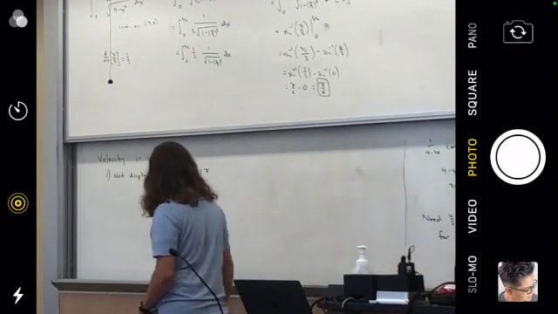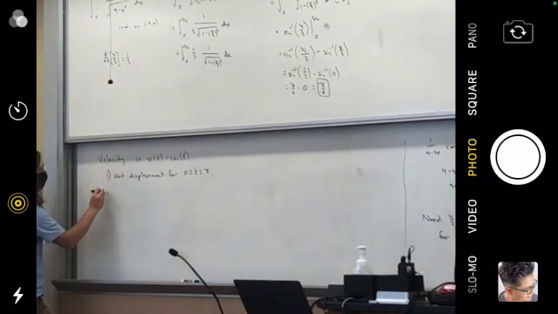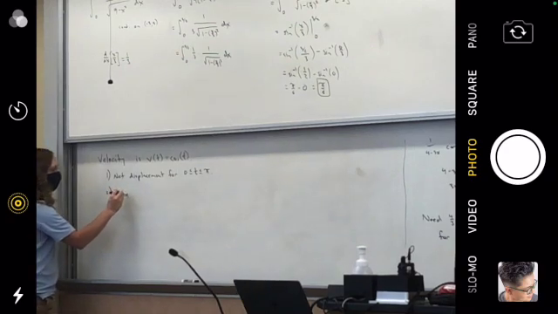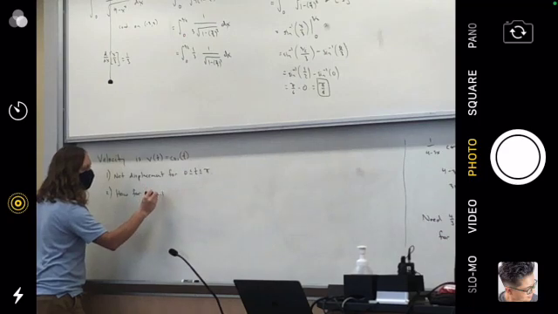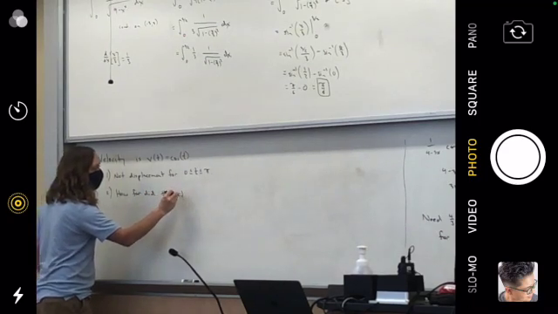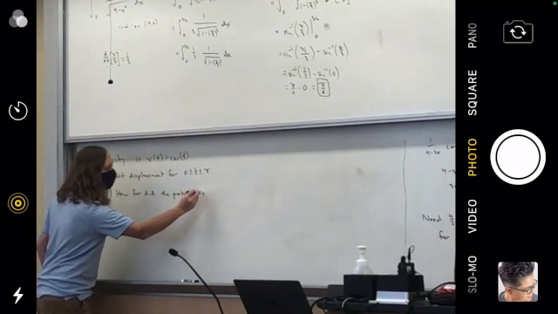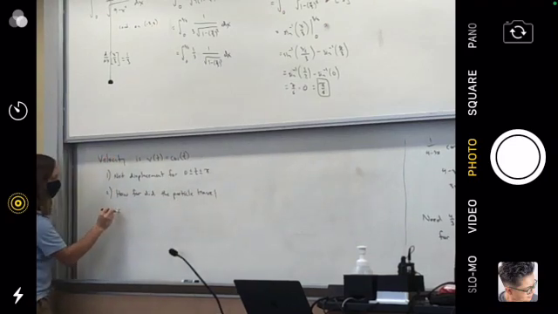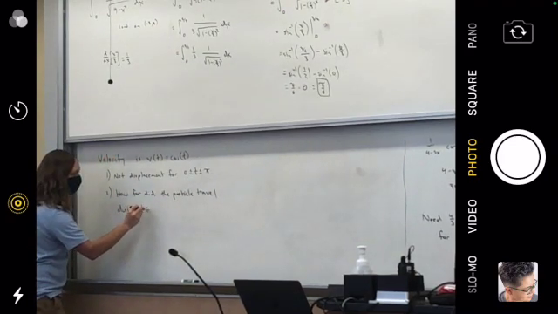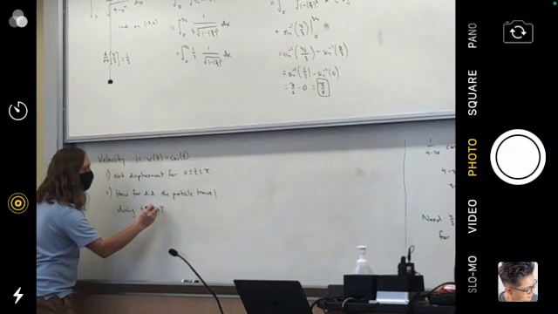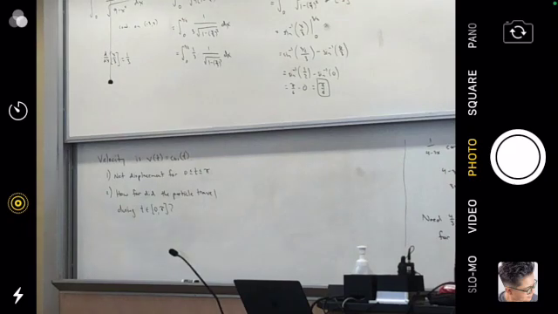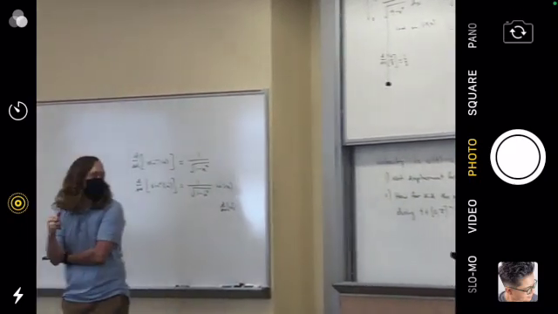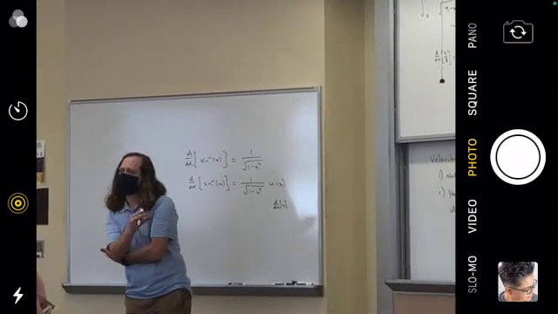And then part 2 is how far did the particle travel during the interval 0 to pi? So I first want to know the net displacement, and then next I want to know how far it went. What is the distance?